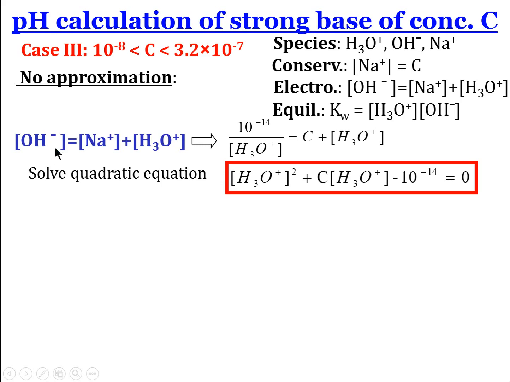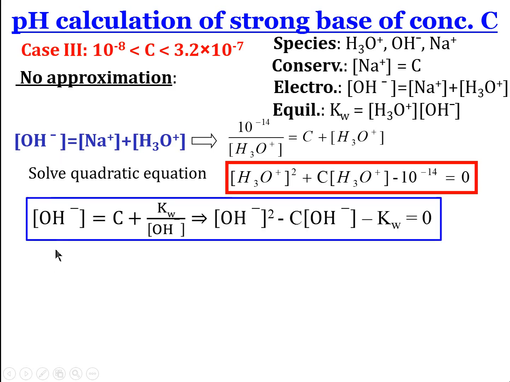So in the relation OH minus equals Na+ plus H3O+, we transform H3O+ as a function of OH minus, and we obtain OH minus equals Na+, which equals C, plus H3O+ equals Kw over OH minus, which implies OH minus squared minus C OH minus minus Kw equals 0.